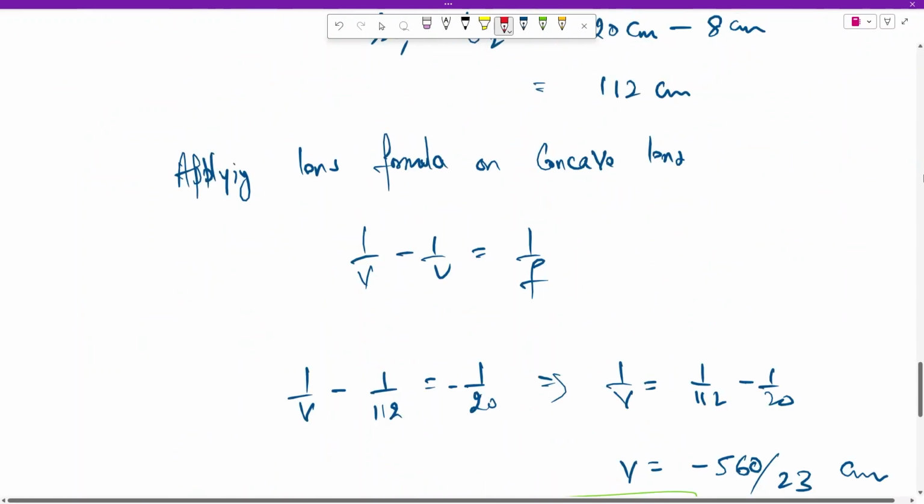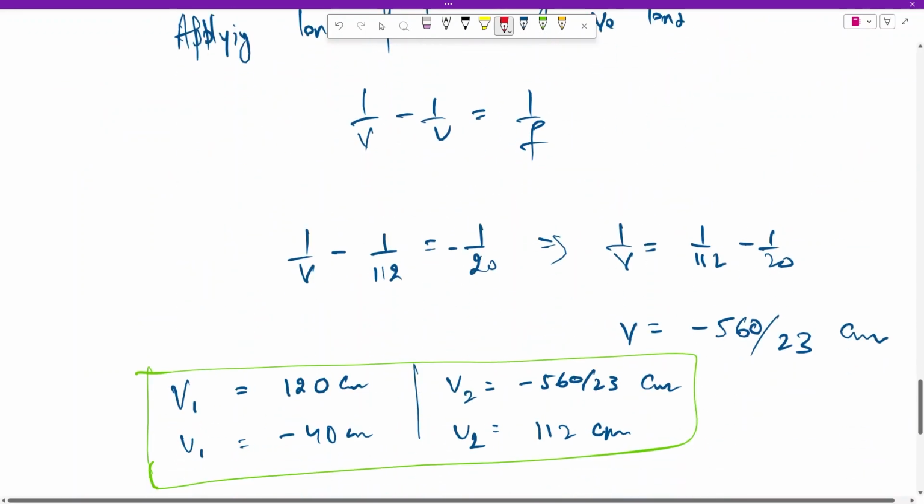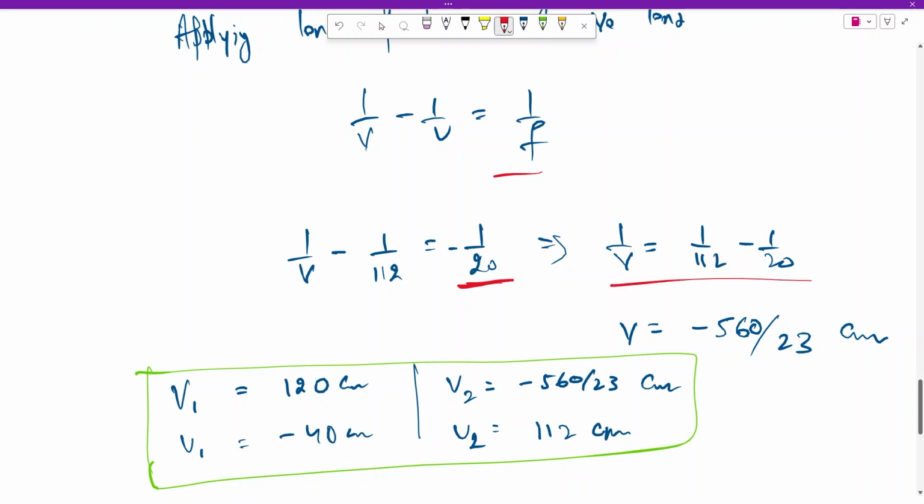Now applying the lens law, 1 by v minus 1 by u equals 1 by f. Here f is negative because it is a concave lens, so 1 by v minus 1 by 112 would equal minus 1 by 20. Solving this for v, we get v as minus 560 by 23 centimeter. That is, the image is on the left hand side of this concave lens, at minus 560 by 23 centimeter.